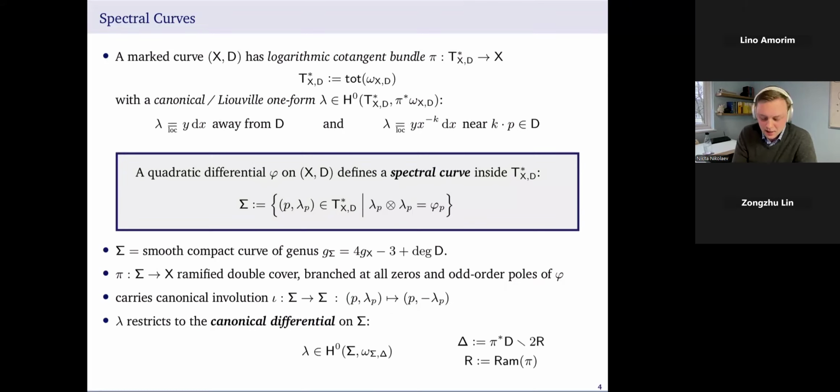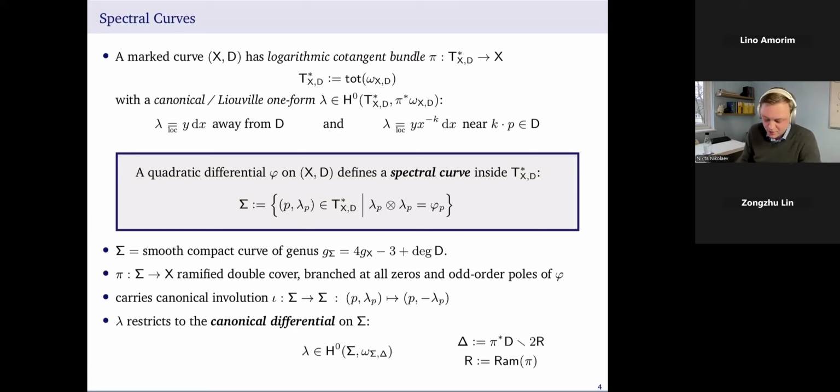And then last but not least, really important, is that this Liouville form, the canonical one form on the logarithmic cotangent bundle, restricts to the spectral curve and gives me a global differential on sigma. This canonical differential is singular. It has poles, and it has poles precisely at the points where the spectral curve intersects the fibers above the divisor.